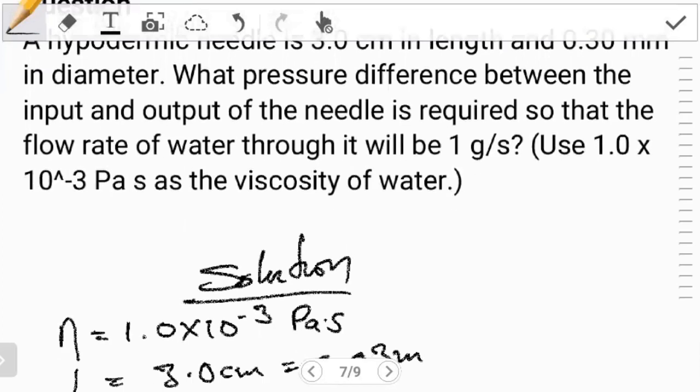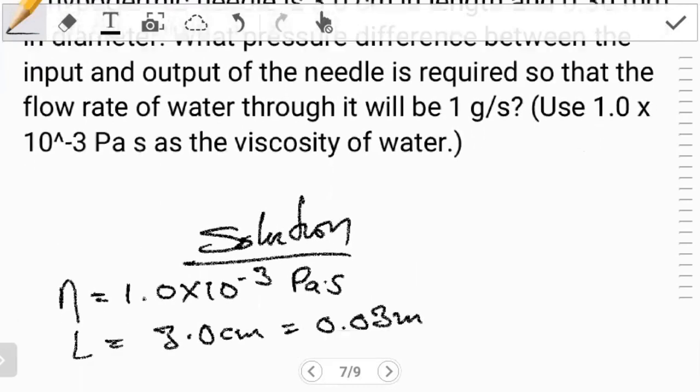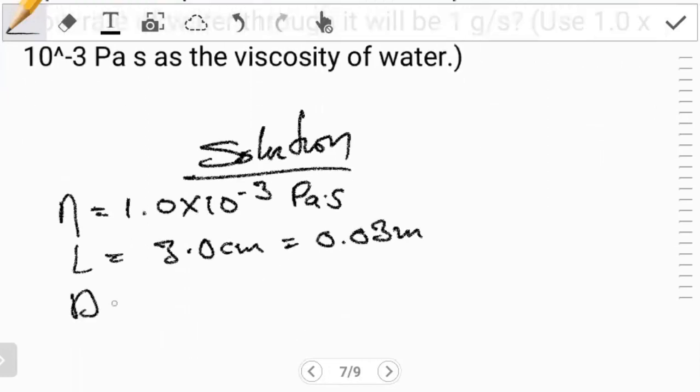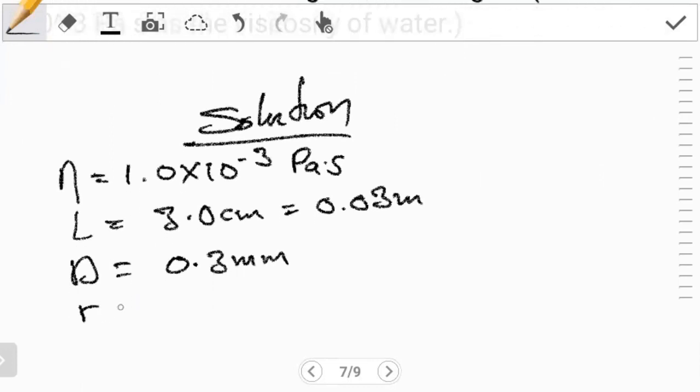The question doesn't specify whether this is an outer diameter or an inner diameter, so we're going to go right ahead and assume this is an inner diameter. The diameter is given as 0.3 millimeters. From here, we can easily get the radius, which becomes 0.15 millimeters. So we convert this to meters.